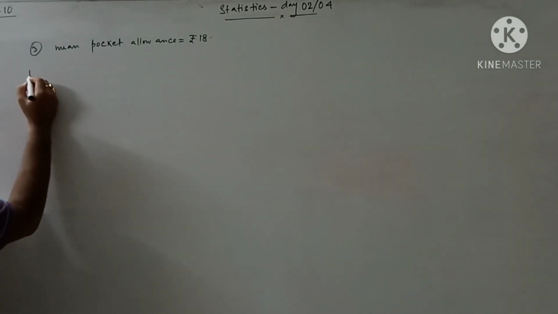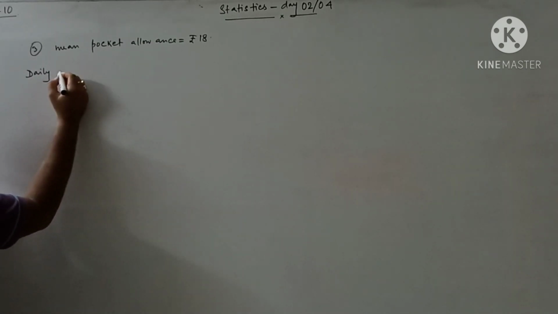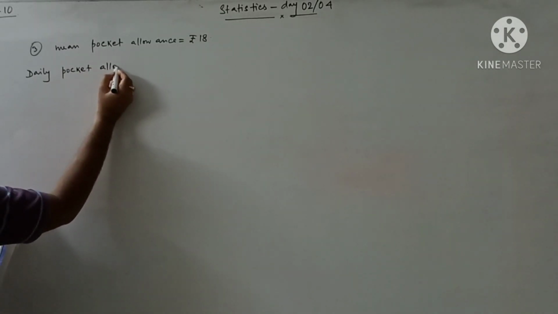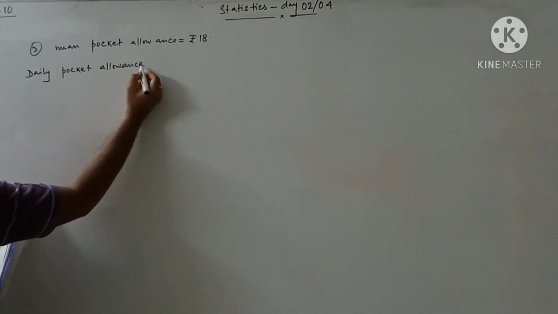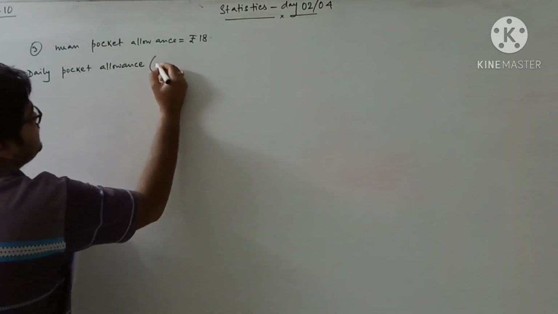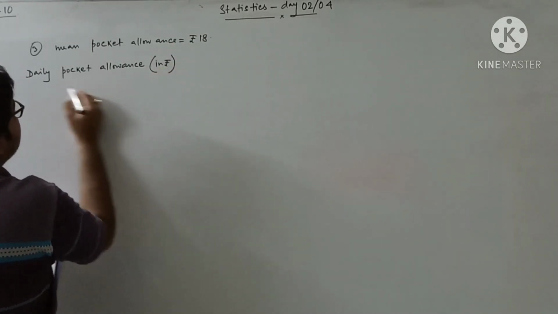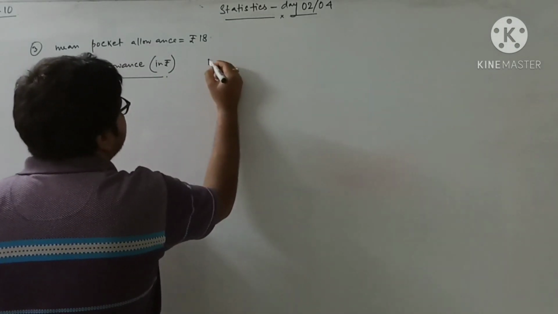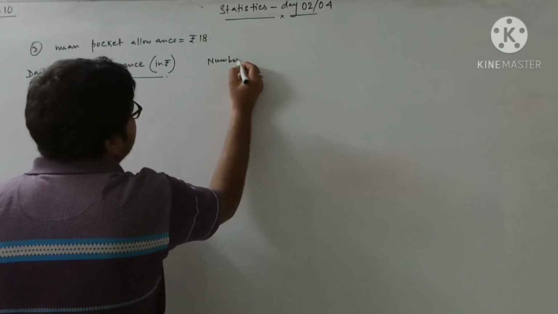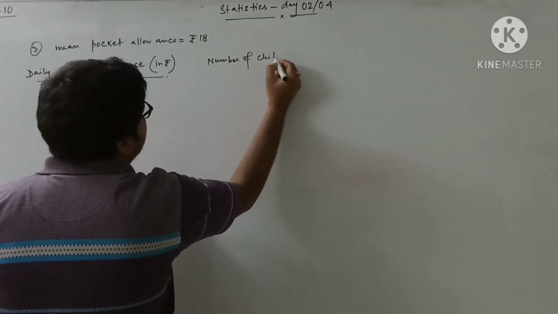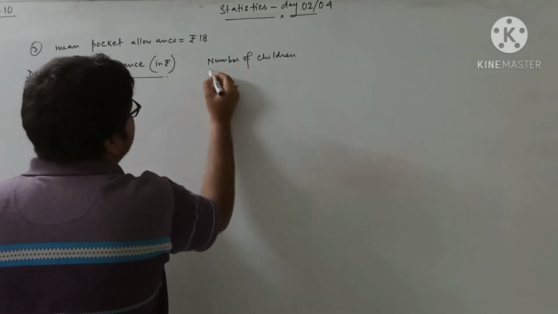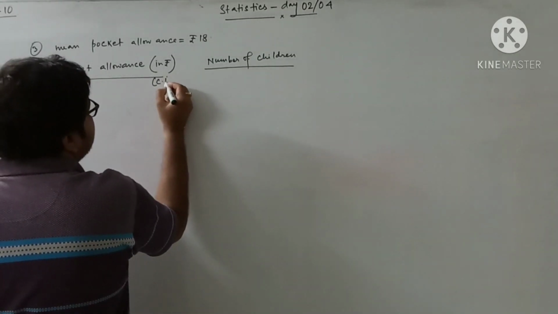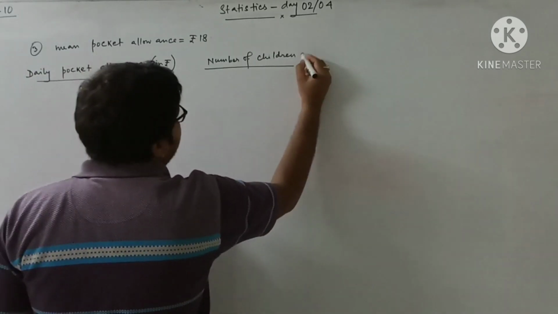Now the table is given: daily pocket allowance in rupees, then number of children. This is actually the class interval and this is actually the frequency.